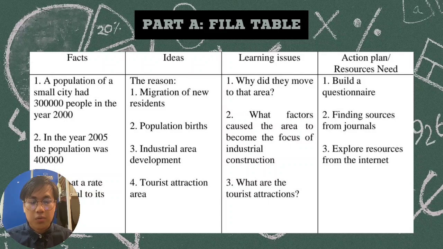And number 3, what are the area's attractions? And for the last part, action plan. Here we give 3. Number 1, build a continuous network. Number 2, find sources from journals. And the last, number 3, explore resources from the internet.